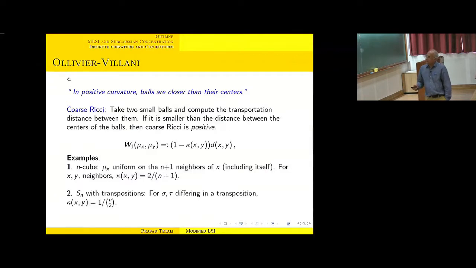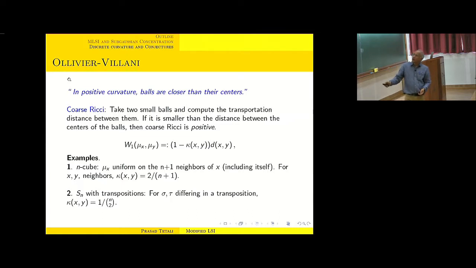What is it? Back to our Kantorovich metric W1. Given any finite Markov chain, locally you define this coarse Ricci curvature kappa xy as follows: take x and y, say neighbors in the sense of the Markov chain, and look at what happens after one-step evolution.